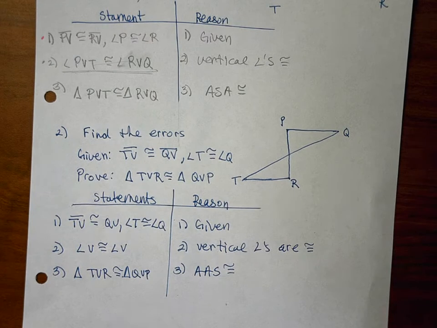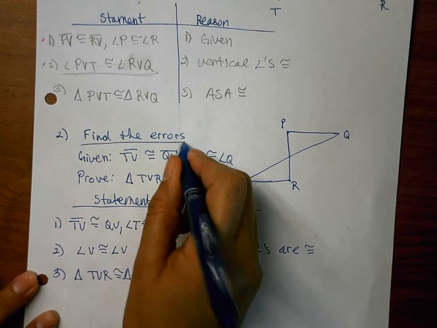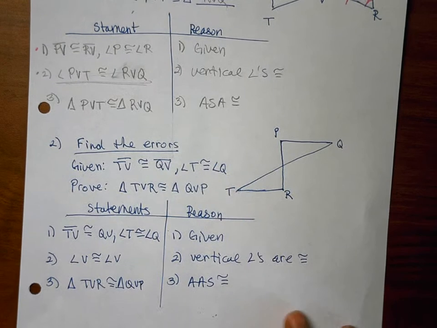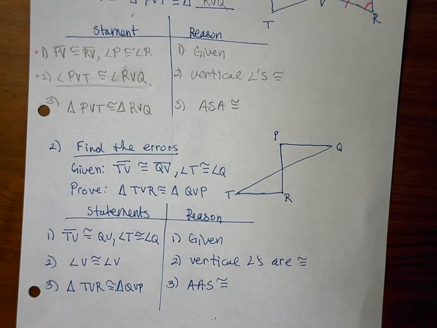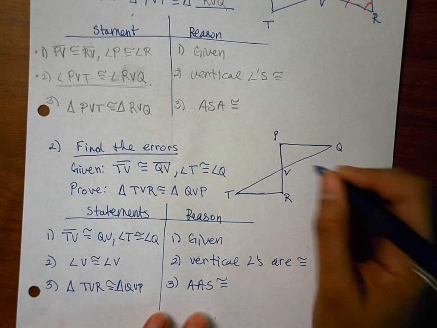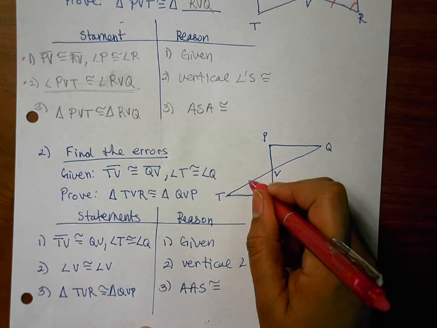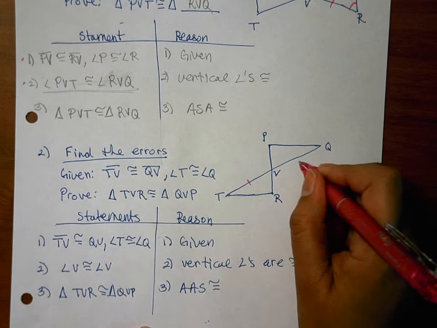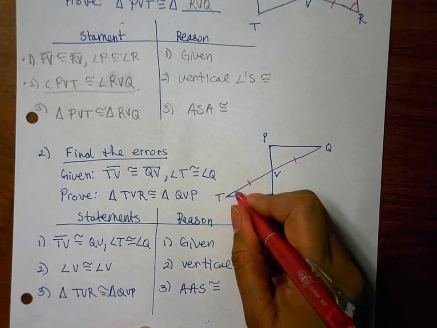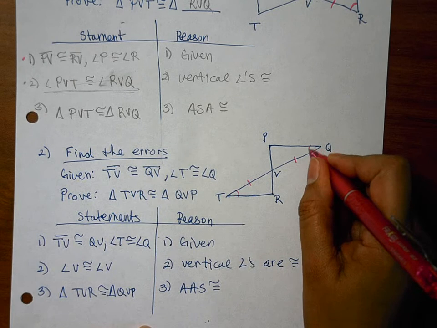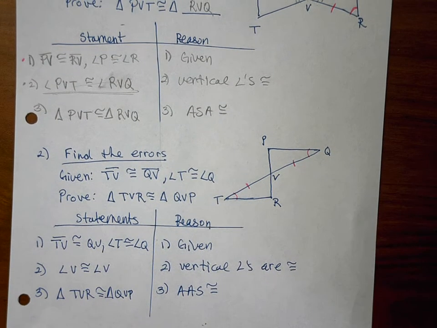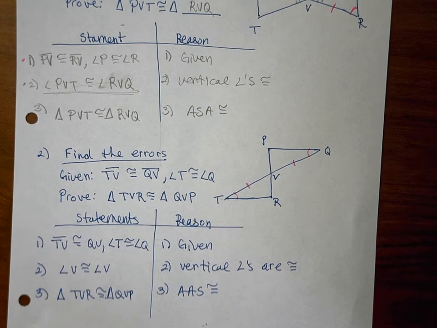All right, let's go through it and see if there are any mistakes, again, because they're asking us to find the errors. I'm going to mark in pen the information they've given us. Oh, one letter I forgot to put in here, and I apologize. That there is a V. Okay, given information, TV is congruent to QV, and angle T is congruent to angle Q. Okay, that's there.